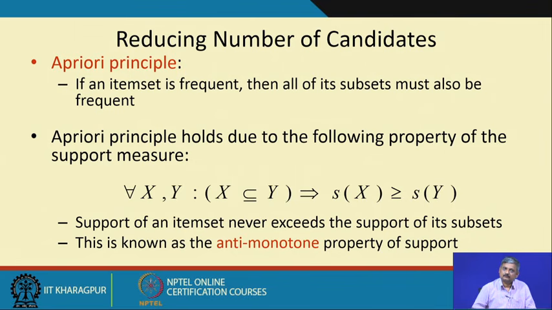So, you can directly obtain the Apriori principle from this anti-monotone property. It is an obvious extension that if we apply some threshold, if an item set is frequent, its subsets must also be frequent.